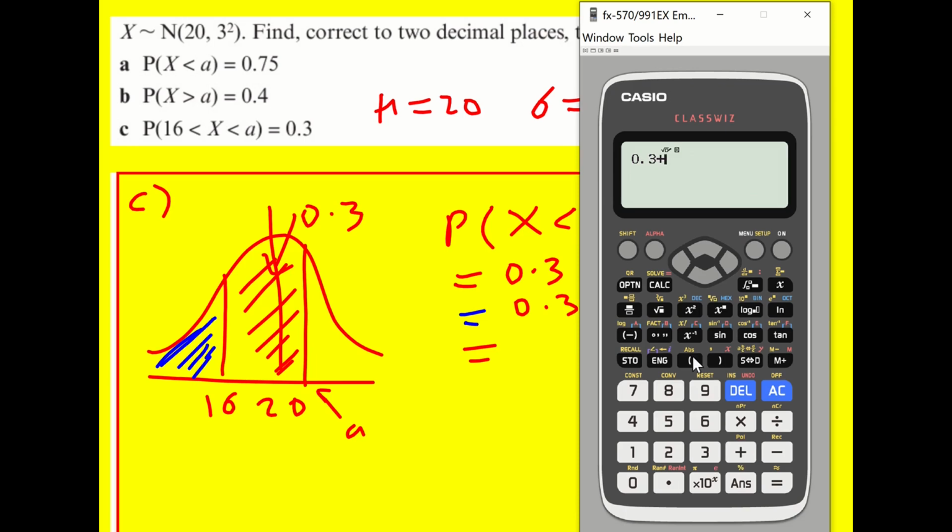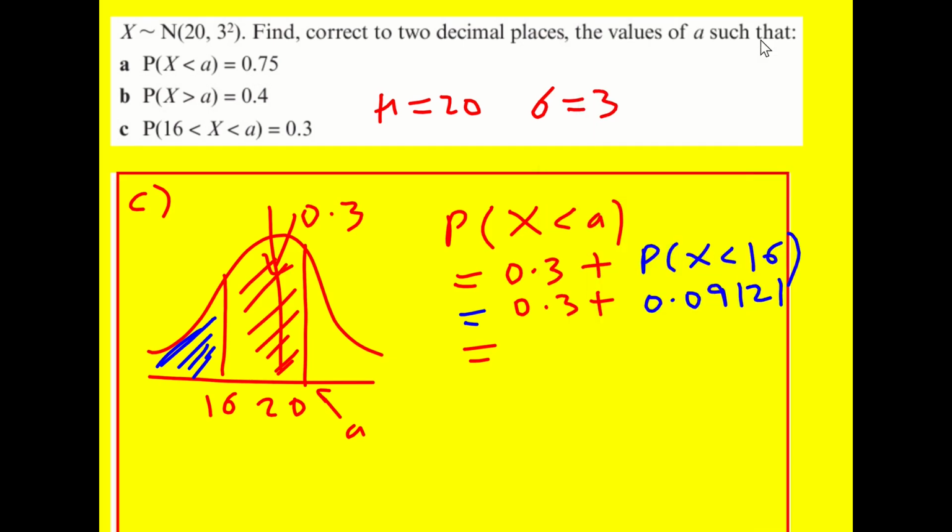Add the 0.3 to that, 0.39121. And I've again turned it into the same problem as part A.